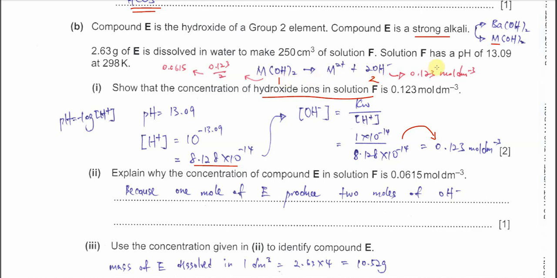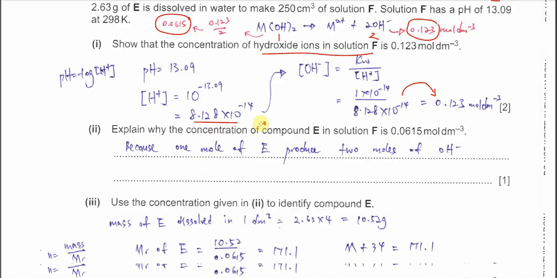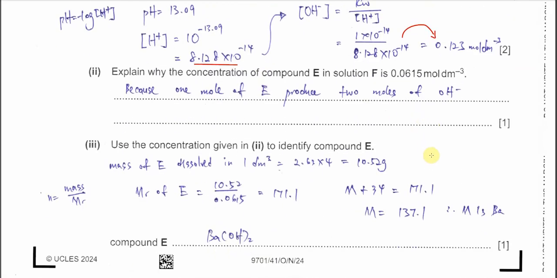So when the hydroxide is 0.123, the concentration of compound E should be half, 0.0615. This is very easy, because 1 mole of E produces 2 moles of hydroxide.